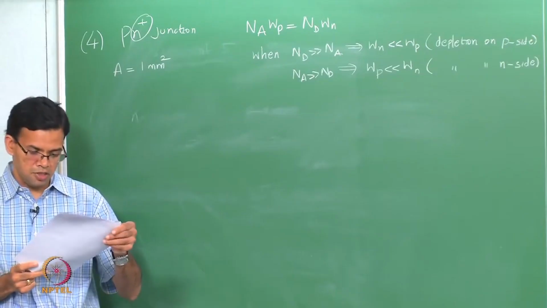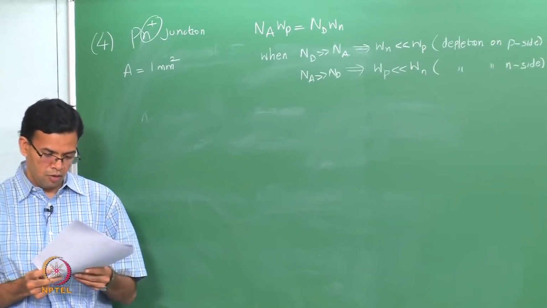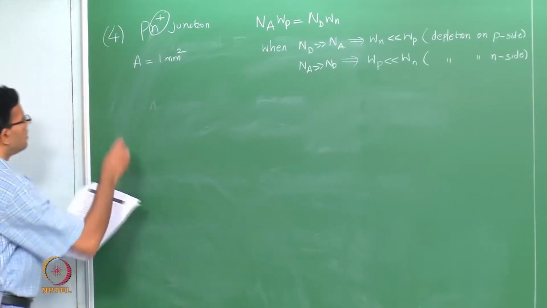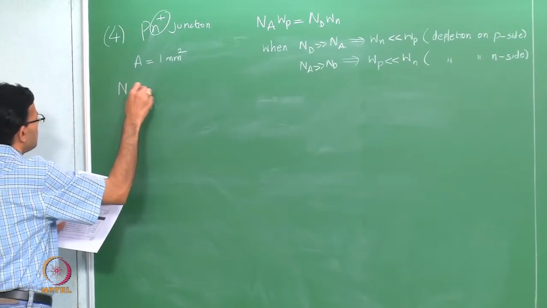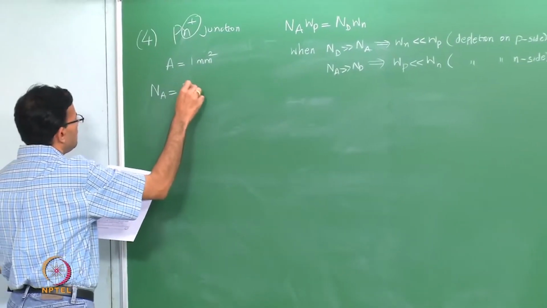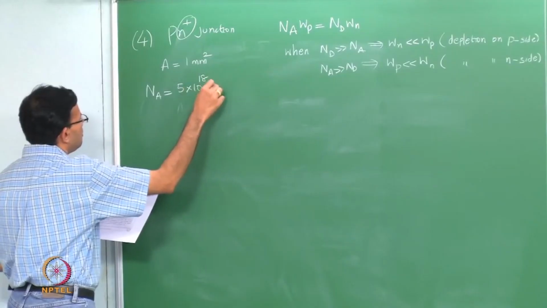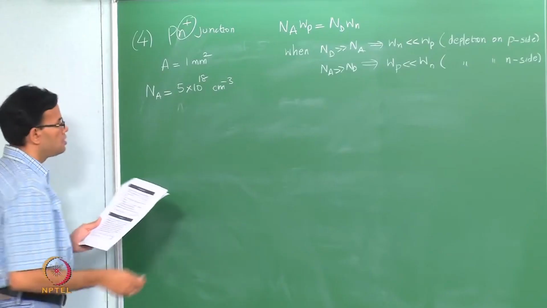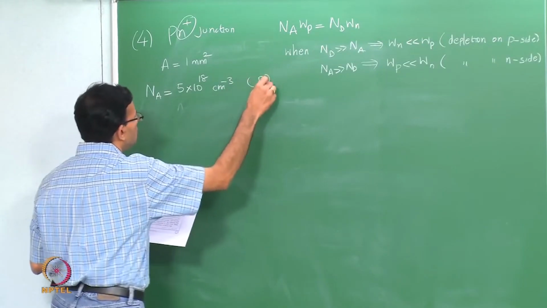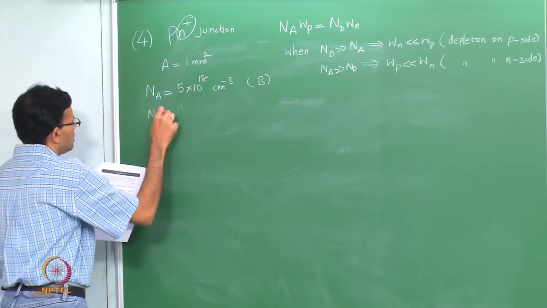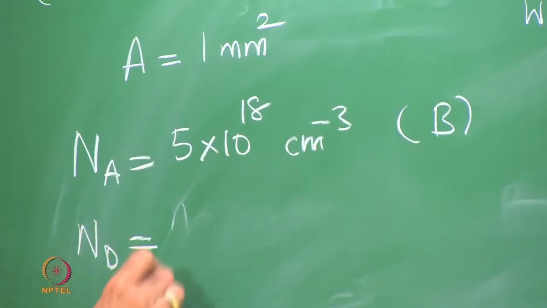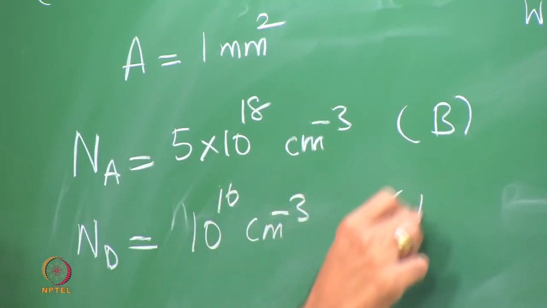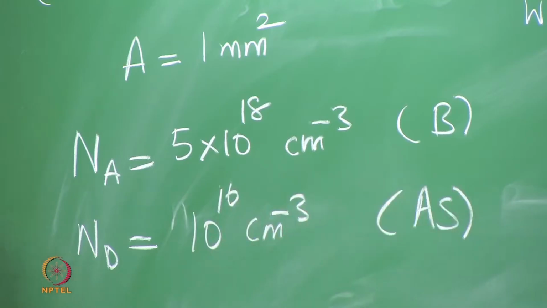The acceptor concentration of 5 times 10 to the 18 boron atoms on the P side. So, Na is 5 times 10 to the 18 per centimeter cube, and there is a donor concentration Nd of 10 to the 16 per centimeter cube, and this is arsenic.